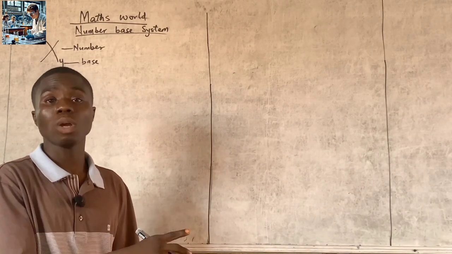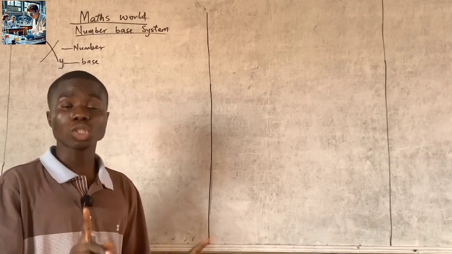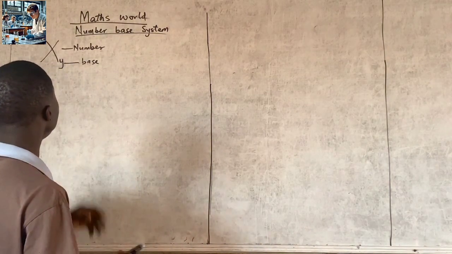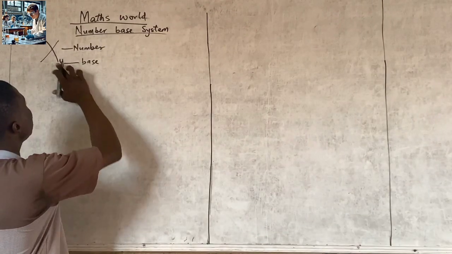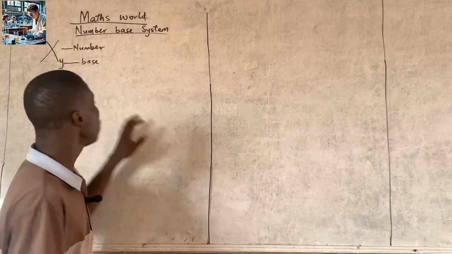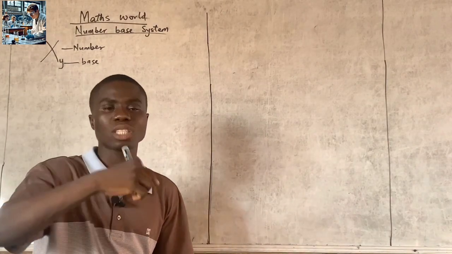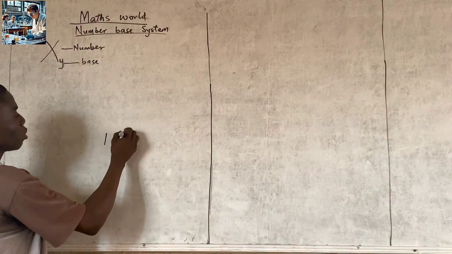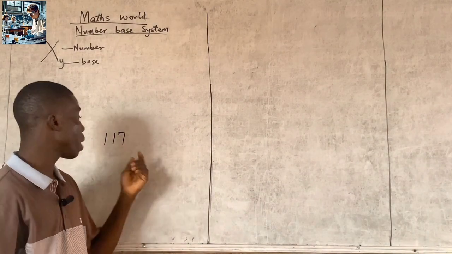You can even bring out questions by yourself, but listen to the rule that you must take note of. The rule is that whenever this X is here, the base must be greater than the highest number in the digits. Like now, if we have 117 as an example, remember the highest number here is 7.